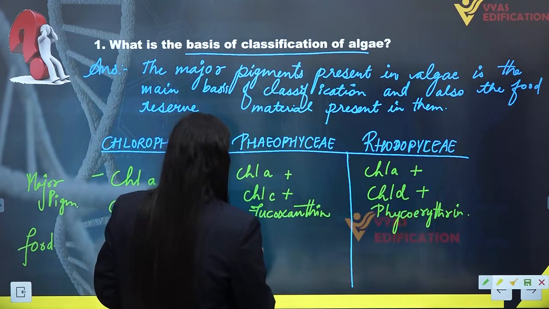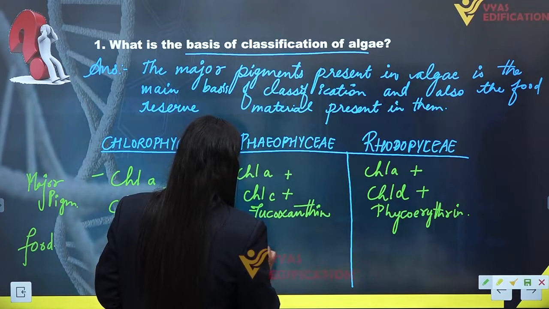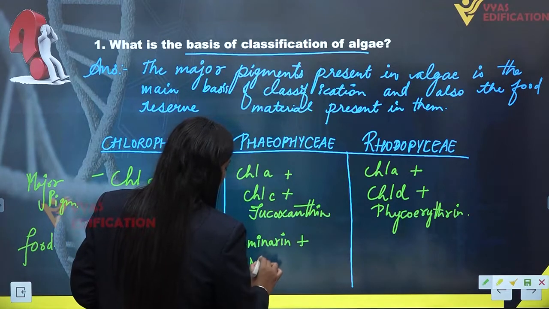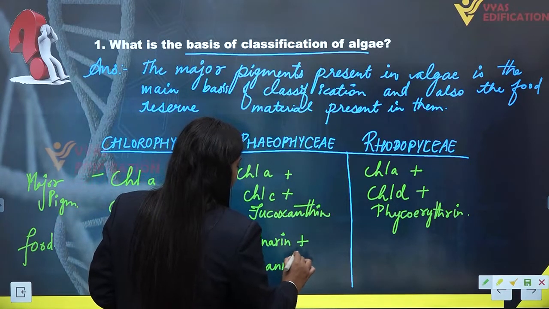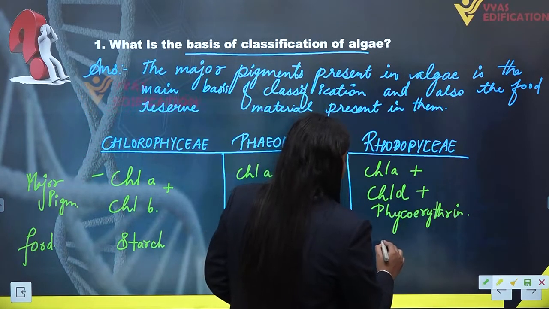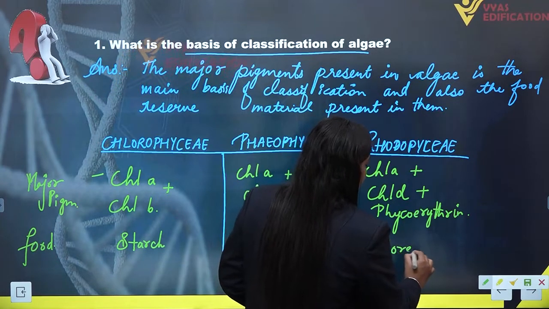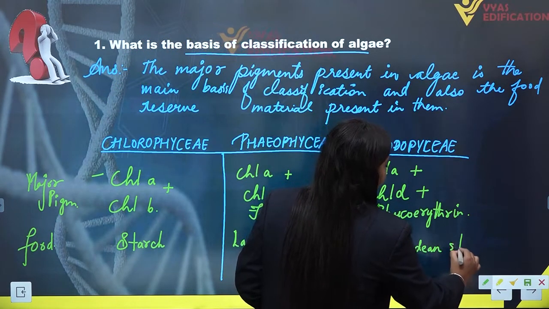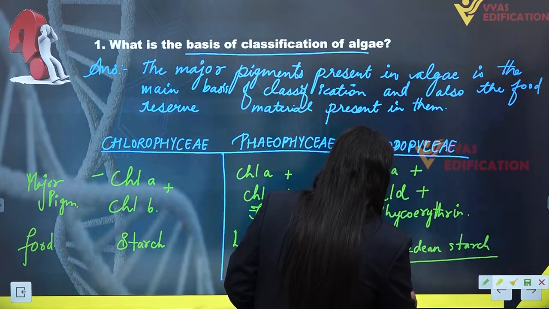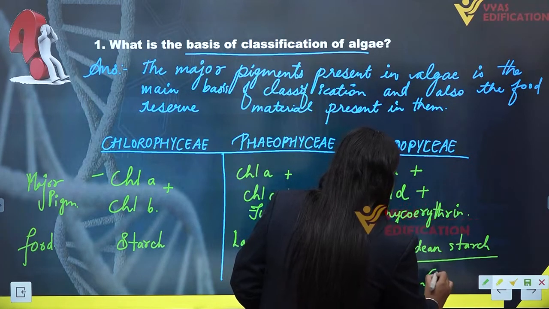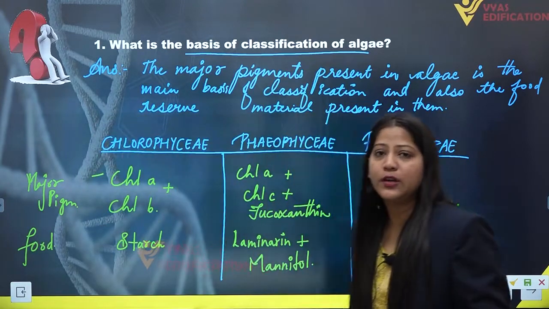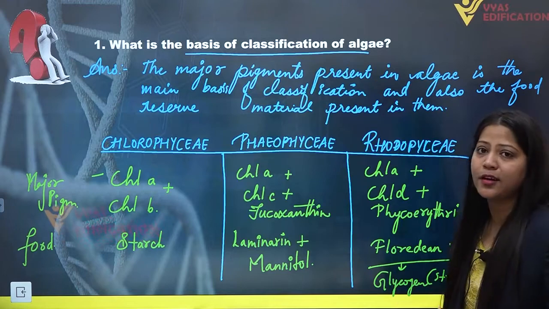In Phaeophyceae it is laminarin plus mannitol, and in the last category of algae, Rhodophyceae, we have Floridian starch, which is similar to the structure of glycogen. So here on the screen you can see the complete solution or answer of question number 1.